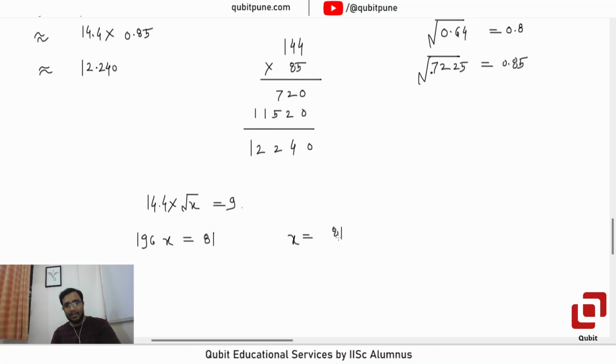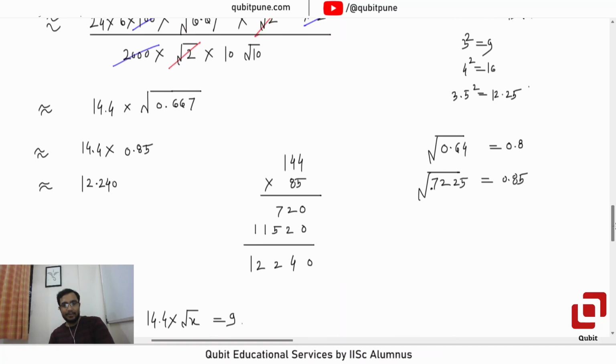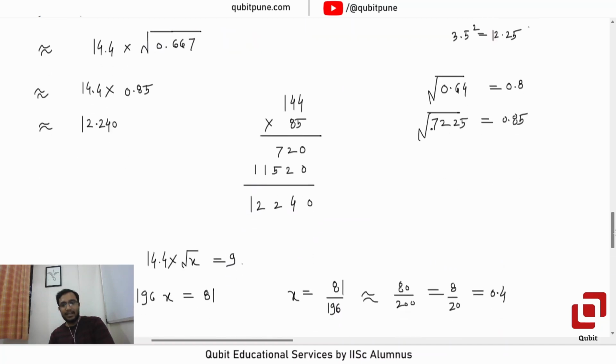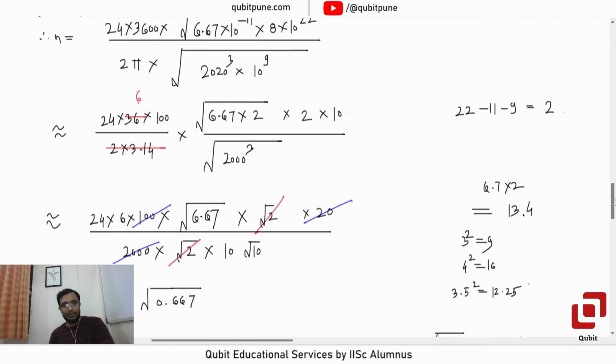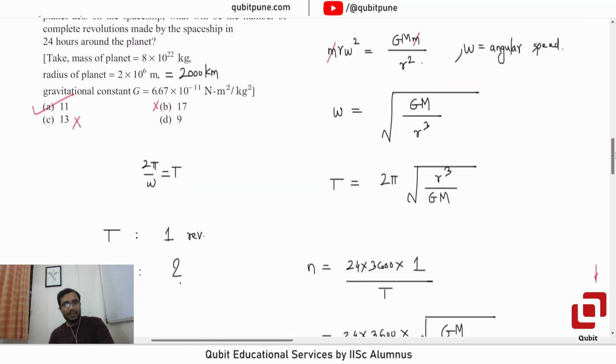So x will be 81 upon 196, which is approximately 80 upon 200, which is approximately 8 upon 20, which is 0.4. And x is actually greater than that. If x is actually greater than that, then 9 cannot be right, so the correct answer is A.